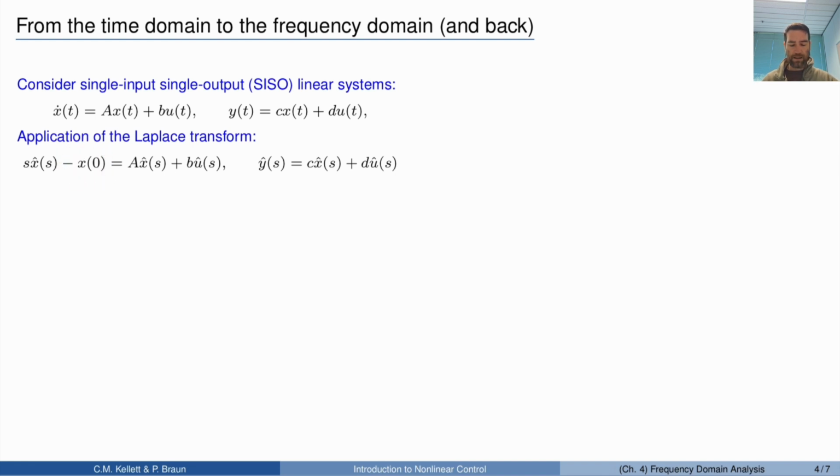And the other signals essentially stay the same. A constant times a signal simply becomes a constant times the signal in the frequency domain.